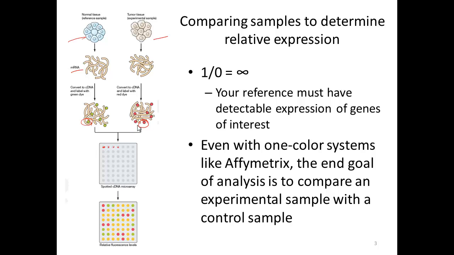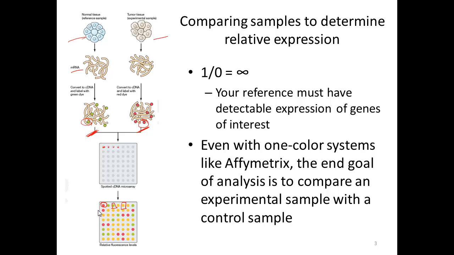Now the mRNA that represents gene 1 will hybridize at this spot, and here you can see it's a red color, so that indicates that there is more of that gene in the disease sample than in the control sample. For gene 3, we see that it has a green color, and that means there's more of that mRNA in the control sample than in the disease sample. And any of these genes that have a yellow color are present in approximately the same amount.